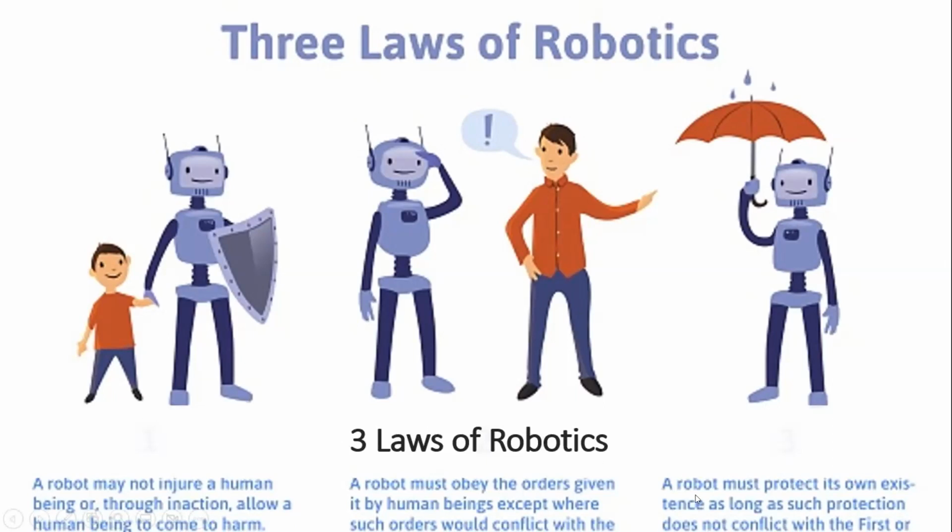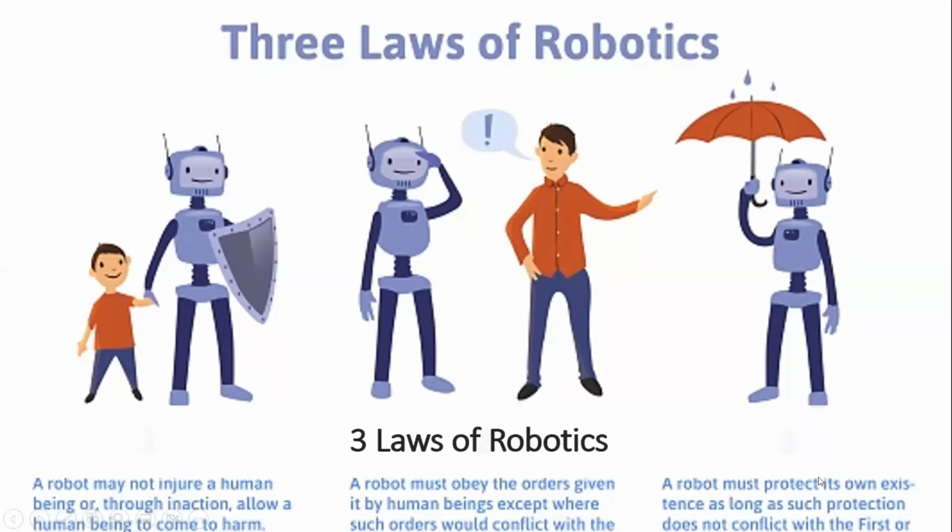And the third law says a robot must protect its own existence as long as protecting its existence does not conflict with the first or second. So a robot can protect its existence, but it should not harm human beings, and it should always obey human beings. This particular thing is generally twisted in all the movies which you see.